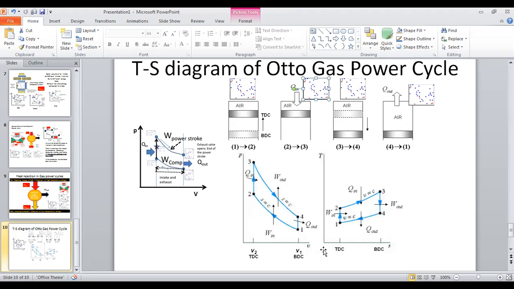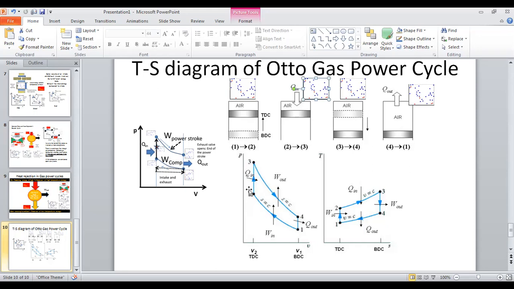That's why from 2 to 3 the entropy level increases. See, on the left PV diagram, 2 to 3 is constant volume. So in TS, 2 to 3, you just follow the trend. There is an entropy increase, and obviously the temperature is rising, that is natural. Okay, constant volume heat addition. Then 3 to 4 is the power delivered by this working fluid through the piston cylinder arrangement.